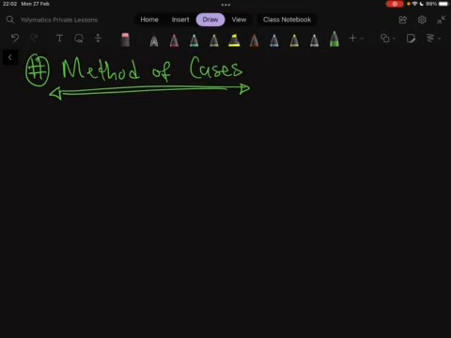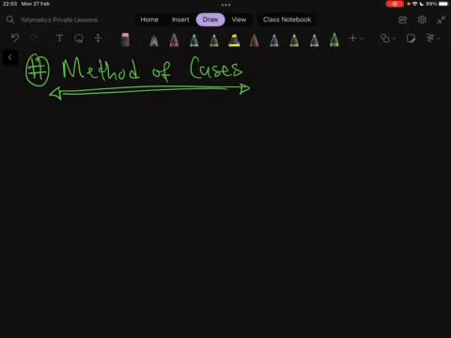I can say it is the informal way of using the definition of the absolute function, though actually it is much easier to use the method of cases to solve problems than to use the original definition of the absolute function. So what we're going to do now is to see how this procedure works.